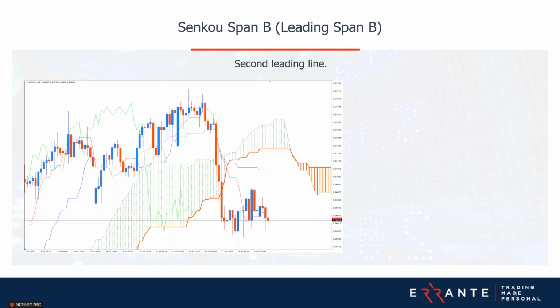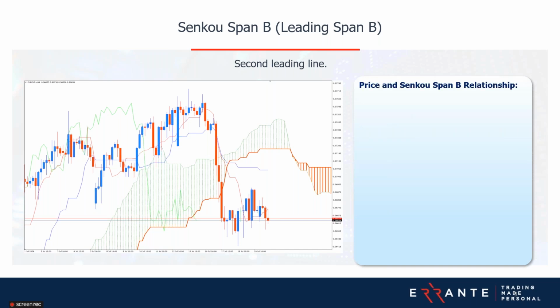And this line is crucial in helping us identify future support and resistance levels, especially combined with the Senkou Span A that we discussed. So to remind you of the definition, Senkou Span B, known as the second leading line, is the average of the highest high and the lowest low over the past 52 periods plotted 26 periods into the future.